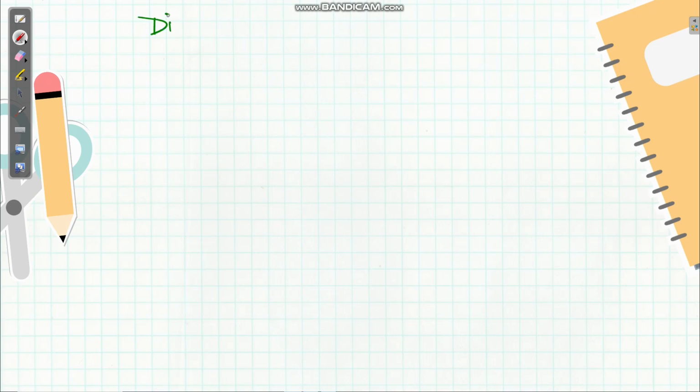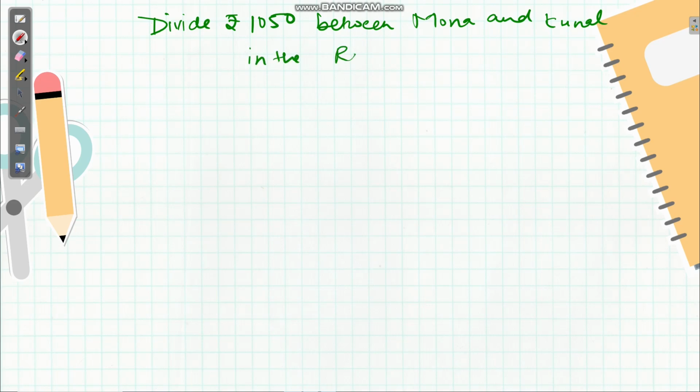So the question is like this: divide rupees 1050 between Mona and Kunal in the ratio of 4 is to 3. Now this amount, that is 1050, has to be divided in the ratio of 4 is to 3.